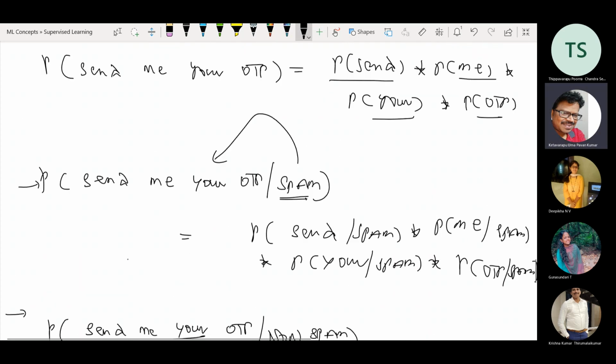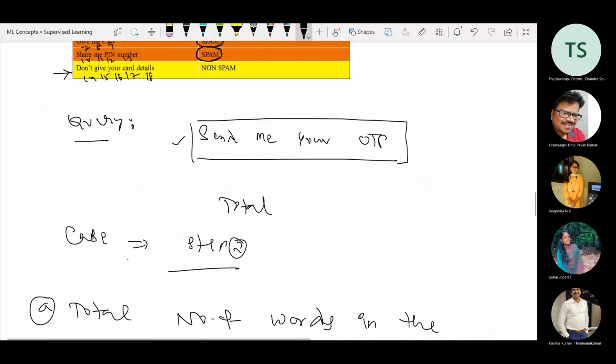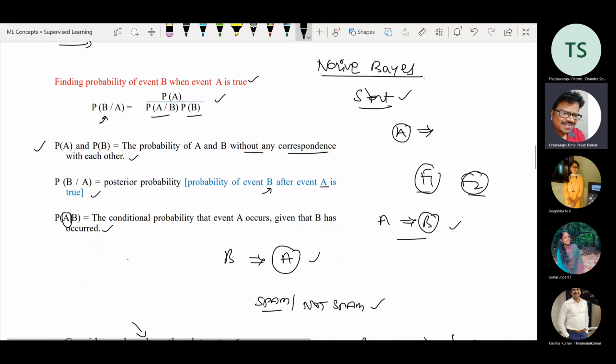Just if you observe the similar kind of thing, if you are making use of the convention, you go back to this formula I have mentioned: probability of B by A, in the denominator, and probability of A given B into B. This A given B, you can again mention as probability of A and probability of B, all these kinds of conventions.